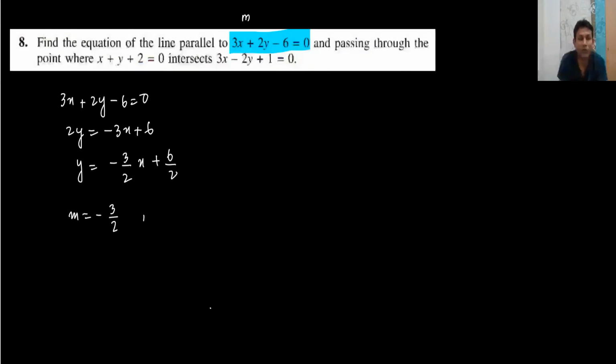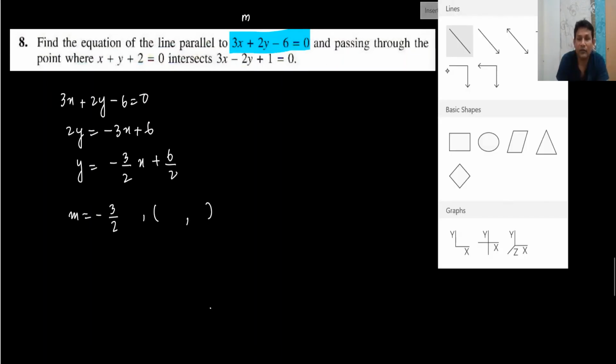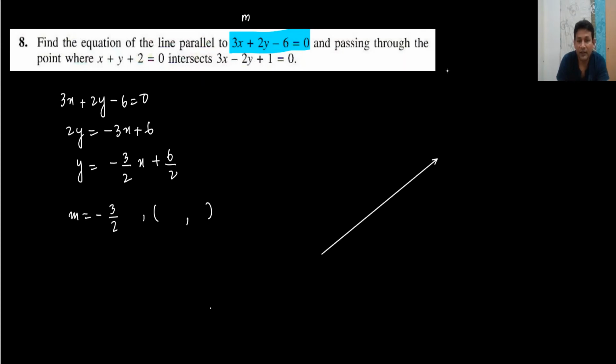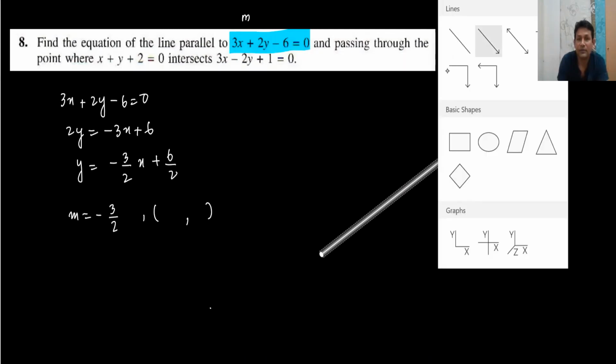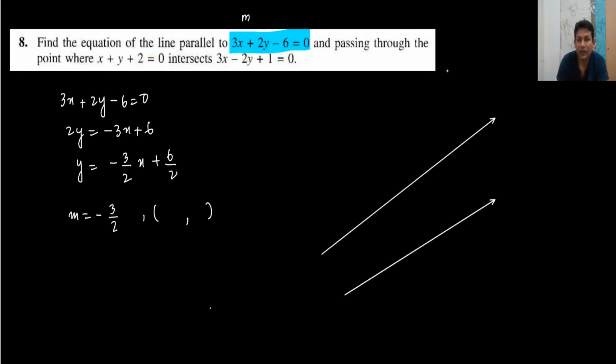Okay, we know the gradient. To form an equation, we need a coordinate x and y. This line, which we have to find, is parallel to another line, like this. This is the required line.